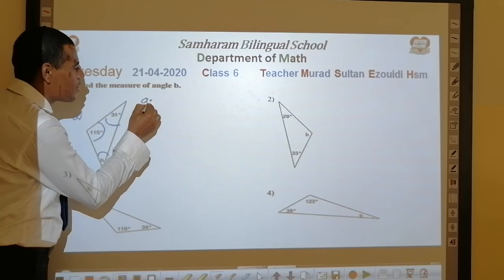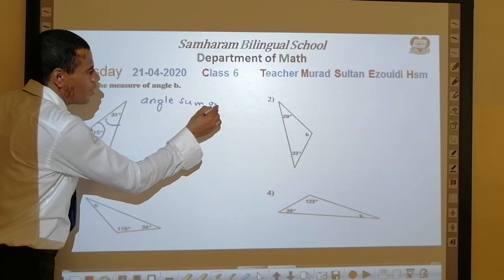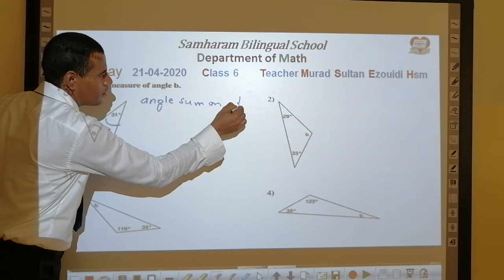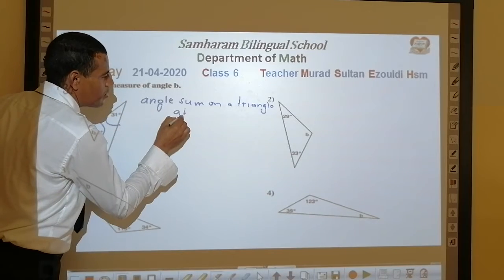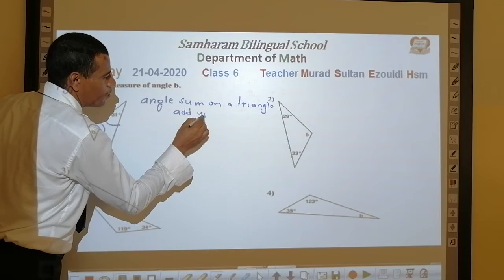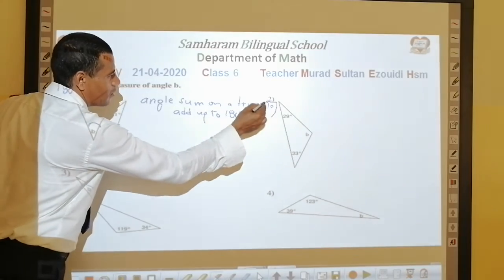Why? Angle sum on a triangle adds to 180 degrees.